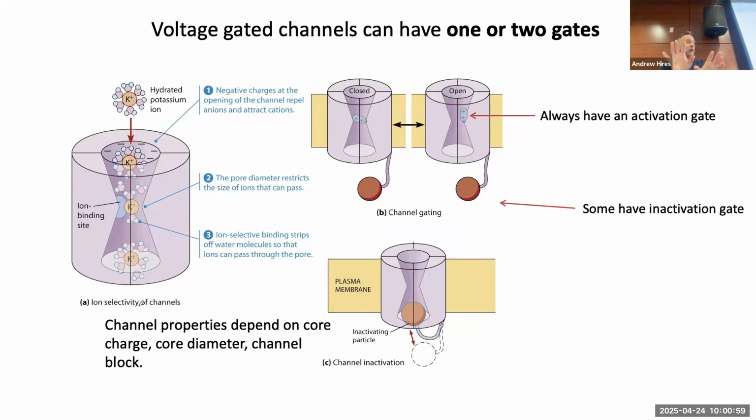There are also going to be channels that will pass both potassium and sodium, either one, in either direction. So this is basically just lowering the transition energy that is required to pull these shells of water off of the ion and allow them to flow down their concentration and electrical gradient.